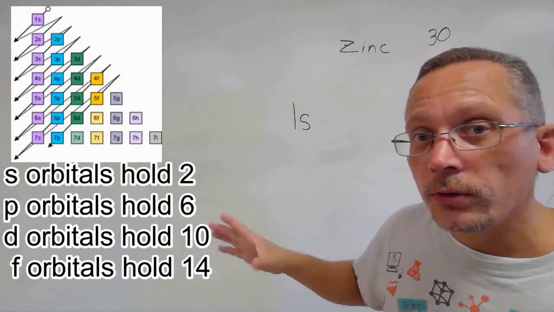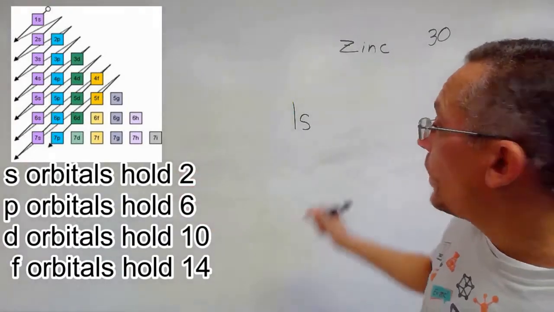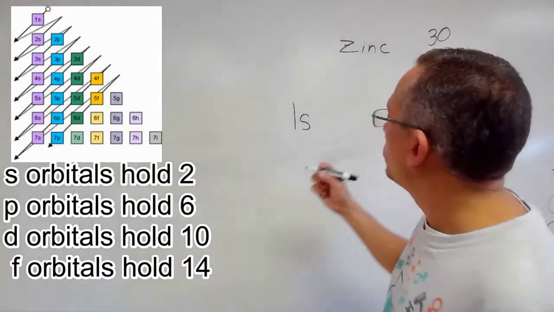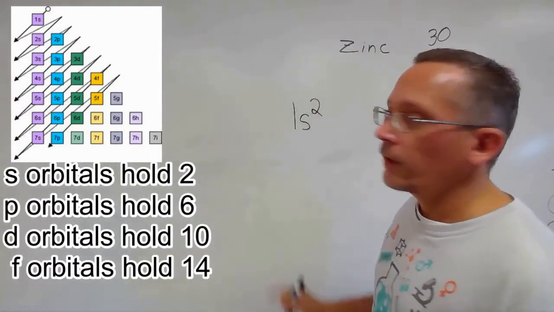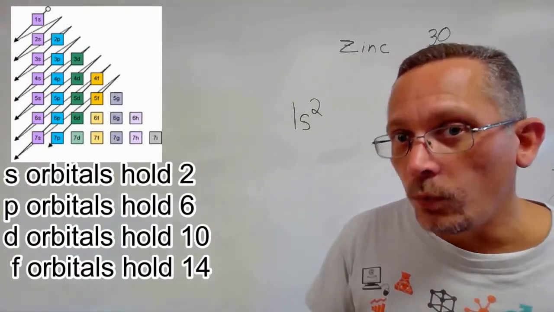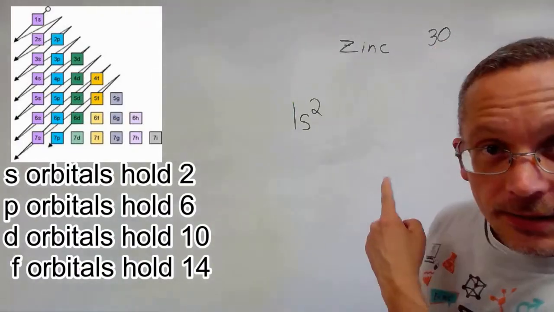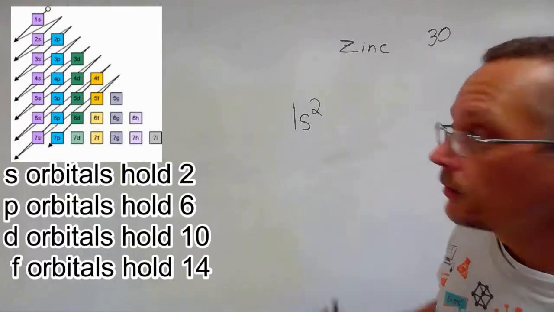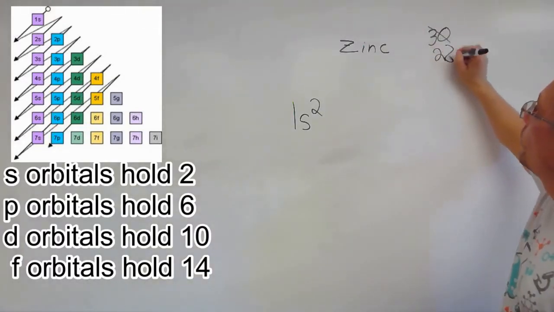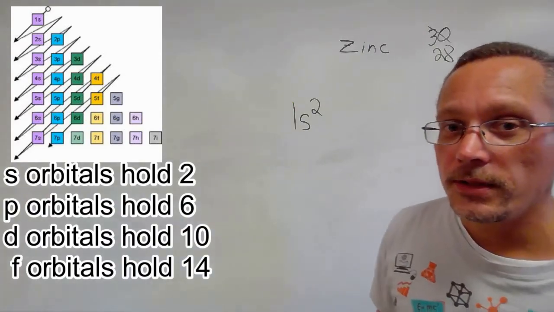An s orbital can hold 2 electrons. So I'm going to put 2 electrons in this 1s orbital. So 1s2 means that there's 2 electrons in that 1s orbital. So now the zinc atom has 30 electrons. I just put 2 of them here. I've got 28 more electrons to deal with.